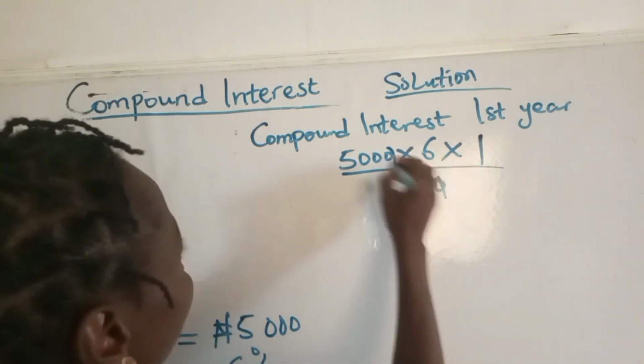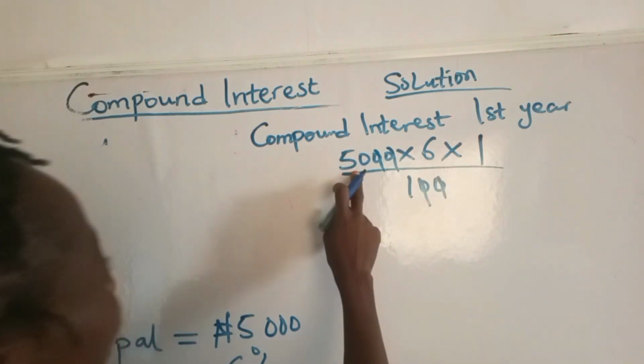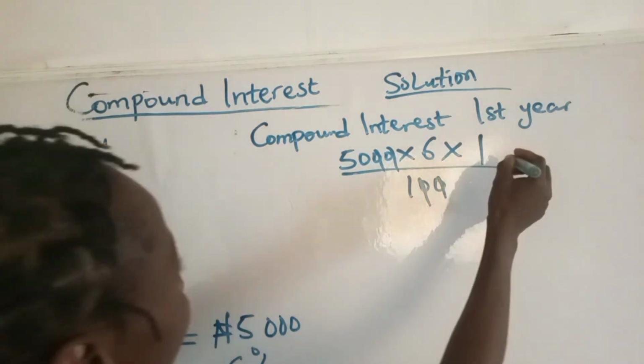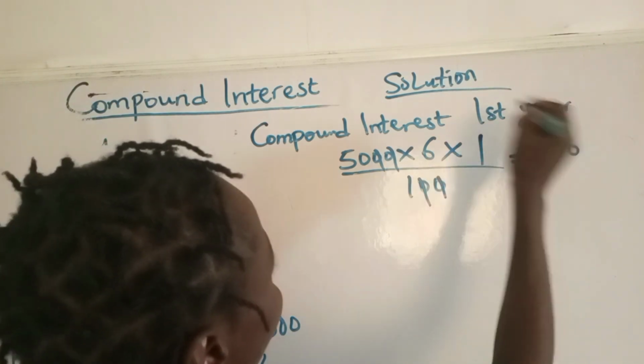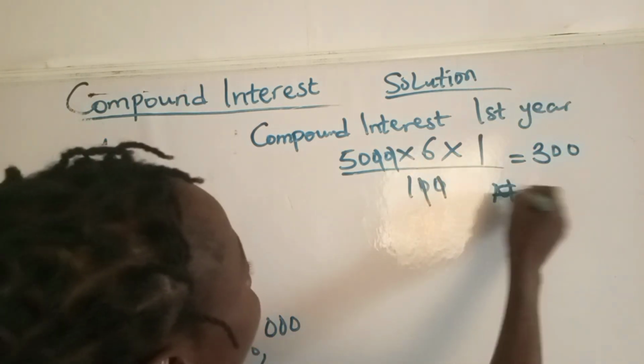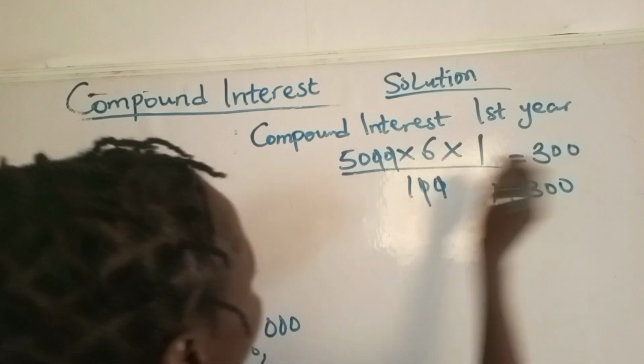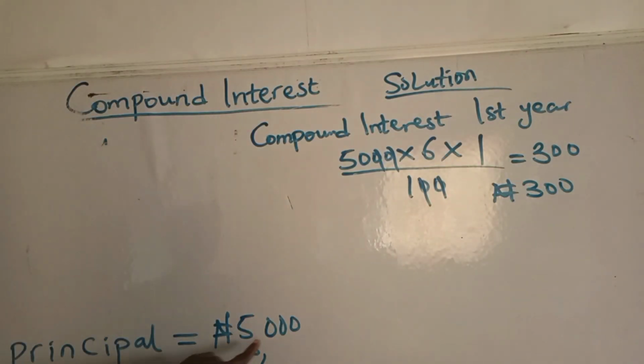0 cancel 0, 0 cancel 0. 50 times 6 times 1, that is 300. First year, 300 climbed that initial money.